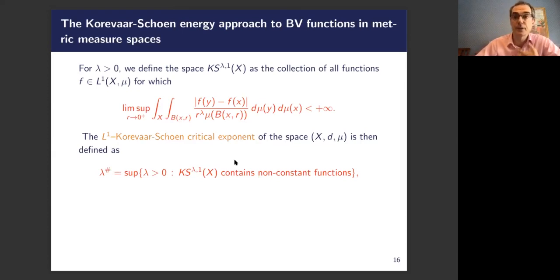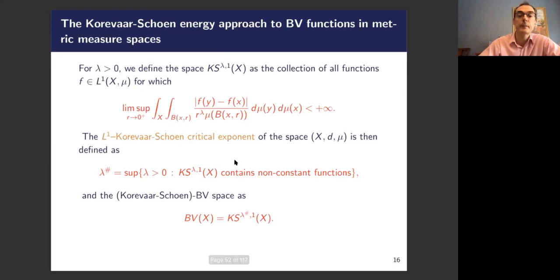That is, these are the most regular functions in this family of L1 type spaces. And the BV space we are going to be interested in and study will be this Korevaar space, that is this space of functions, defined at the critical exponent.